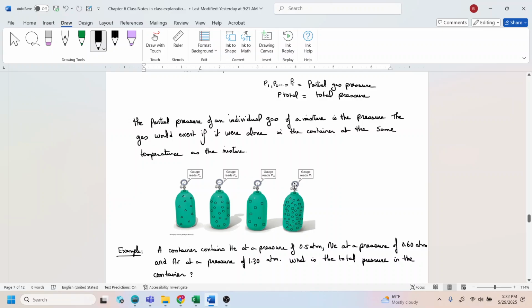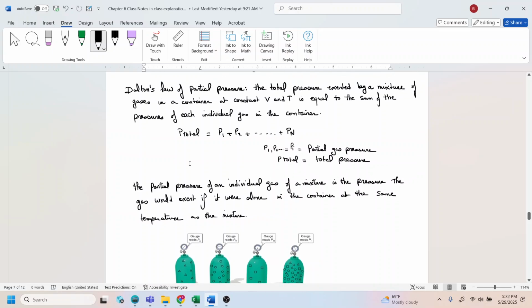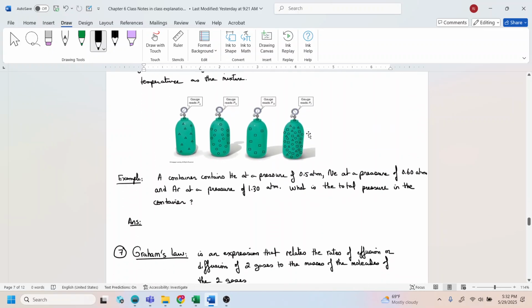The final pressure is going to be the sum of all the individual pressures. This is what Dalton's law is. P total is equal to P1 plus P2 plus P3. It's the sum of the pressure of each individual gas in the container.